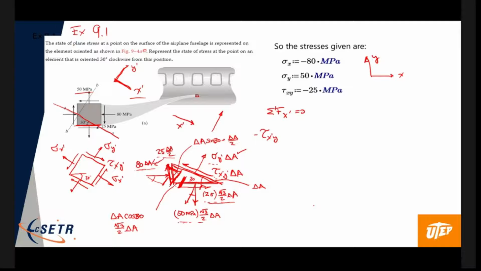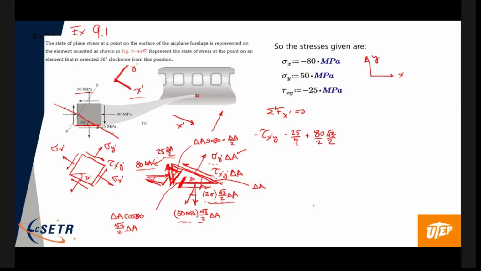If we were to do this component in the x direction, you would have this value here, which is a sine, and it's in the negative direction. So you'd get negative 25 over 4. This component here would be a cosine, in the positive direction, so I get plus 80 over 2 rad 3 on 2.